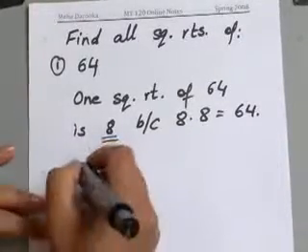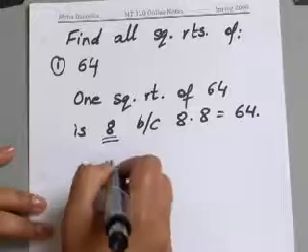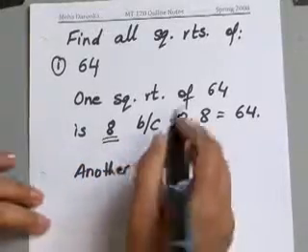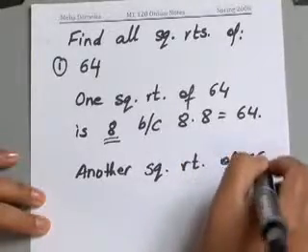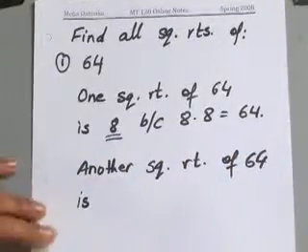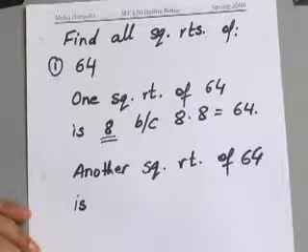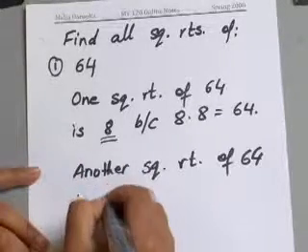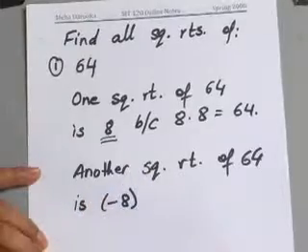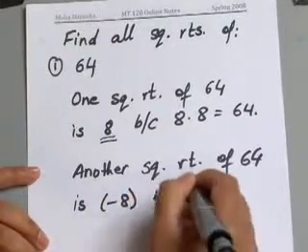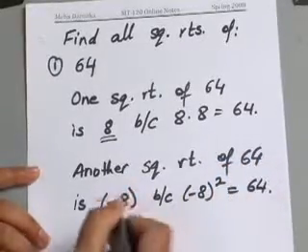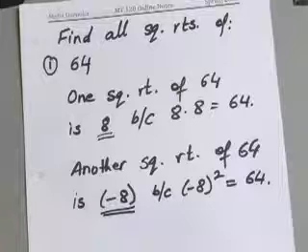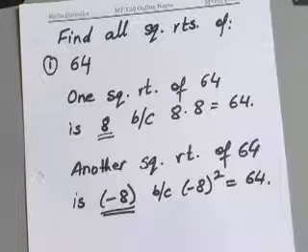But now think about it. You can have another square root for 64. What other number multiplied into itself will give you 64? If you think about it, that number will be negative 8, because if you take negative 8 and square it, that will also give you a positive 64. So in this case, 64 has two roots, positive 8 and negative 8.